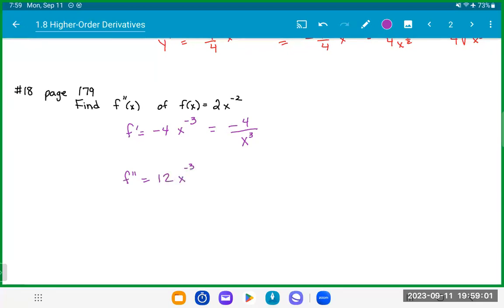X to the negative 3 minus 1 gives me a negative 4. So when I write this in proper form where my exponents are all positive, I get 12 over x to the 4. Okay, questions?